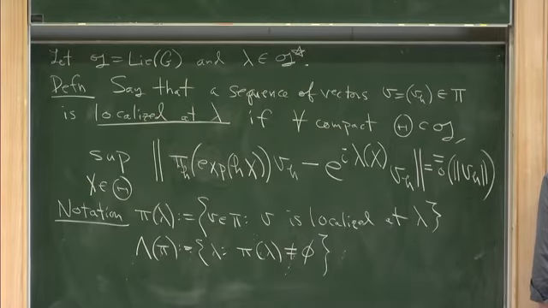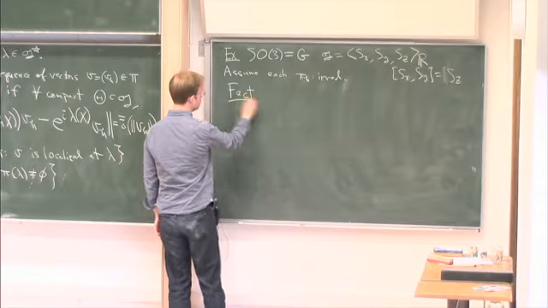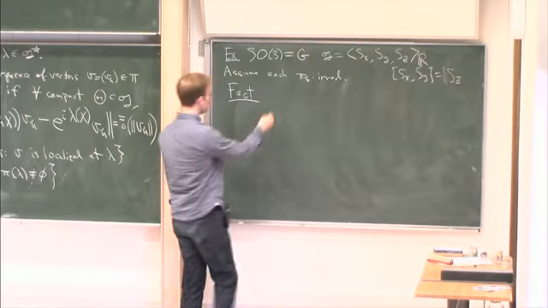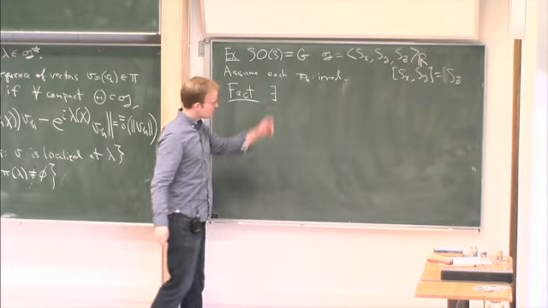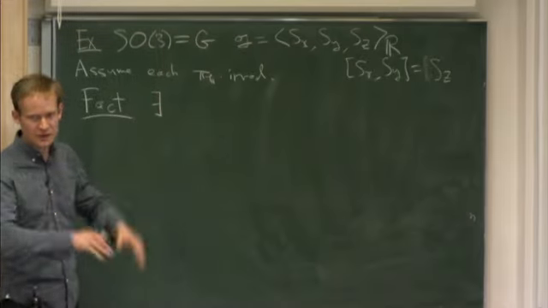So let's assume that each π_h is irreducible. And what I'm going to say now is just the assertion that representations here are characterized by their Casimir eigenvalue.